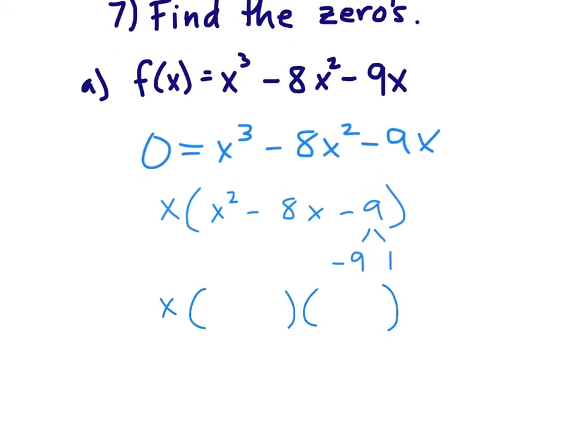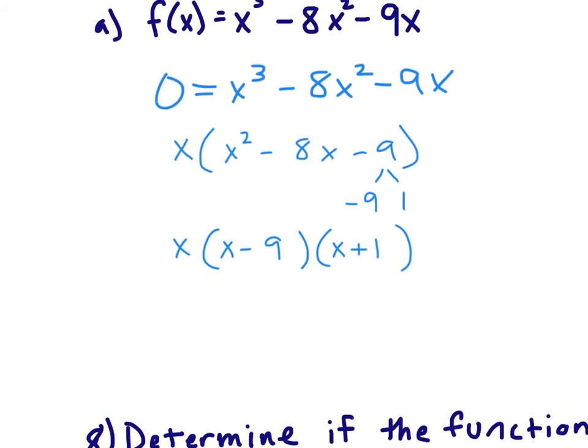And then we just put those into our parentheses down here. We have x minus 9 and x plus 1. And now we set each part here equal to 0. So we have x is equal to 0, x minus 9 is equal to 0, and x plus 1 is equal to 0.